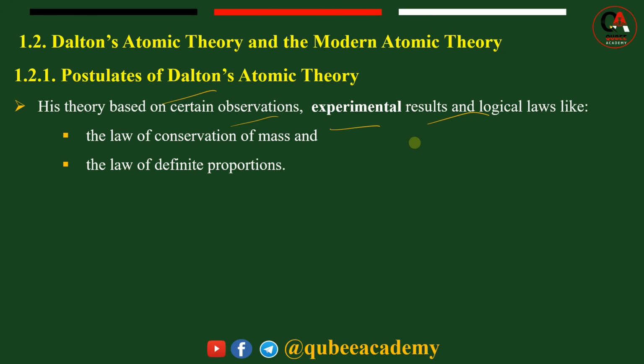For example, what laws did he base his postulates upon? Like the law of conservation of mass and the law of definite proportions, those are the laws on which John Dalton based his theory.